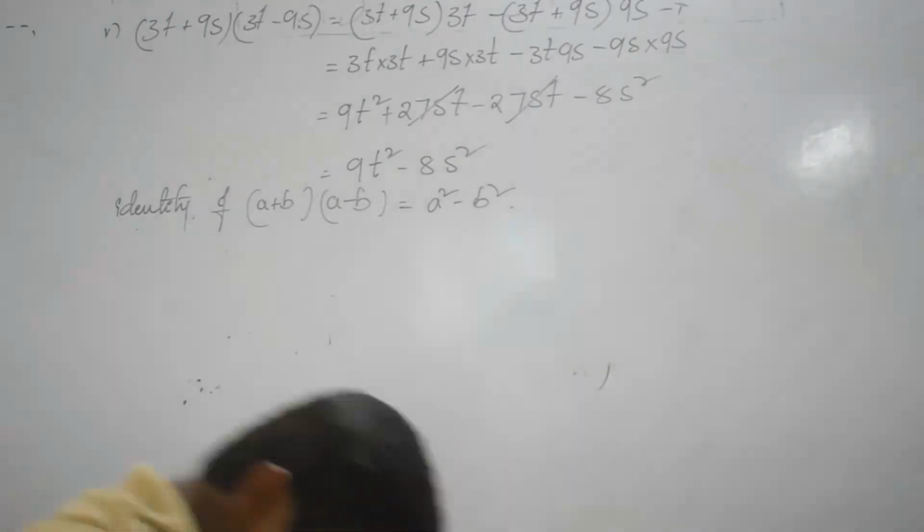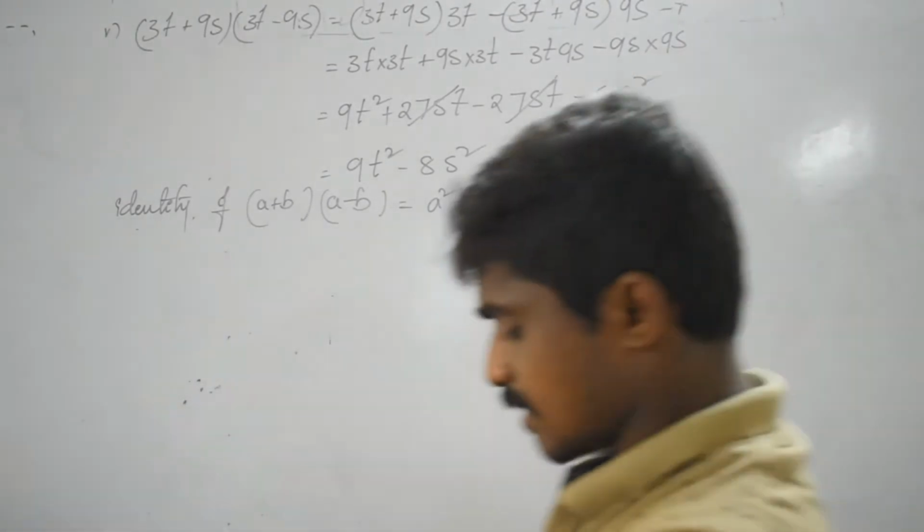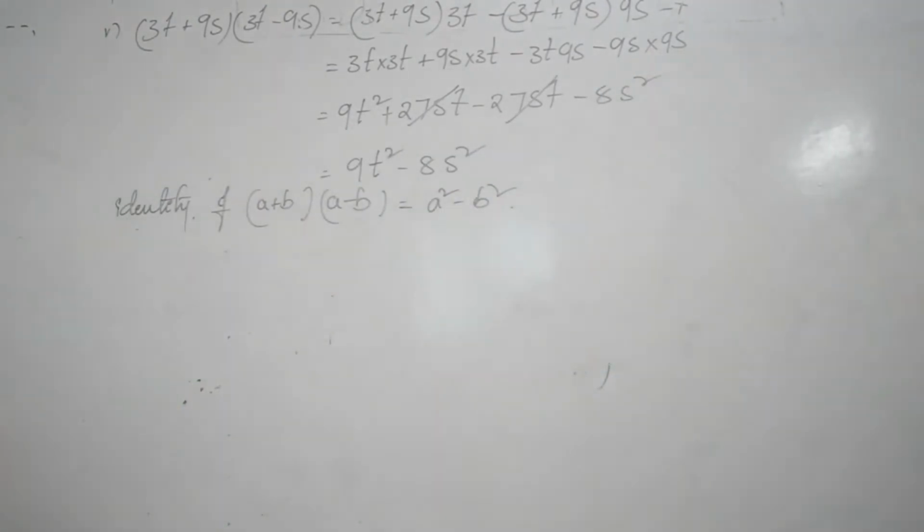These identities you should learn perfectly and keep in your mind. (a plus b) whole square is a square plus b square plus 2ab, as well as (a minus b) whole square is a square plus b square minus 2ab. Next, a square minus b square is equal to (a plus b) cross (a minus b).